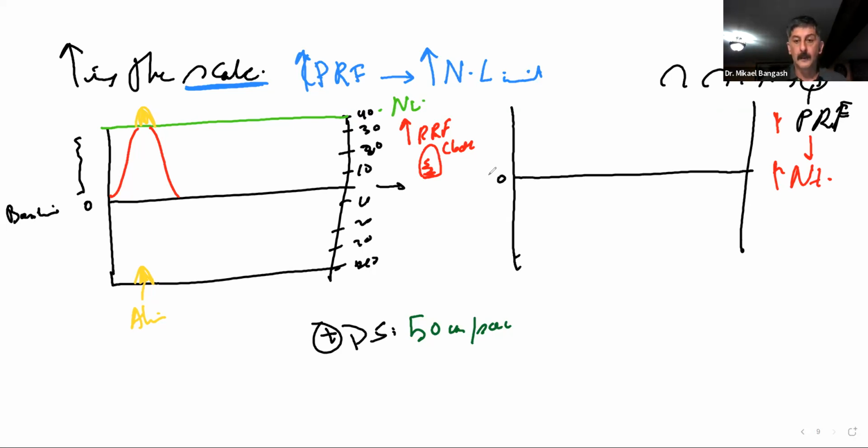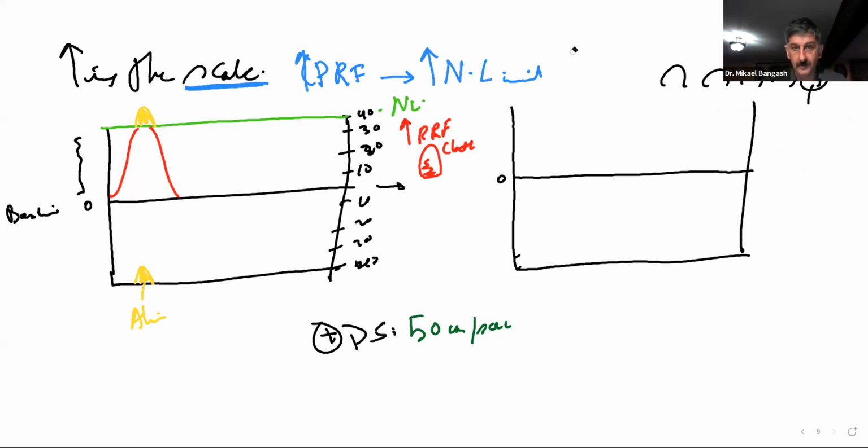But it goes from line to line, and this is still our zero Doppler shift. But instead of going by counts of 10, let's say it now goes by counts of 20.